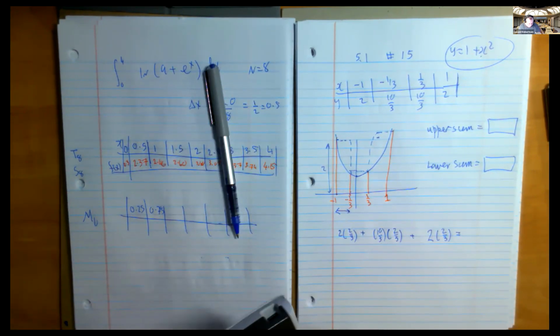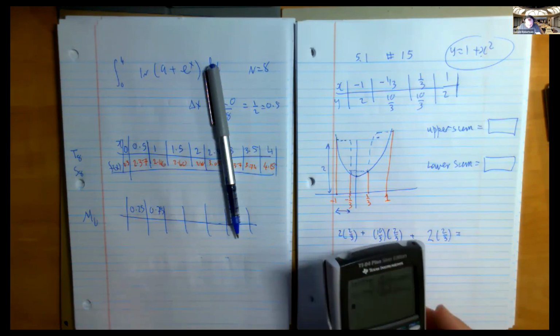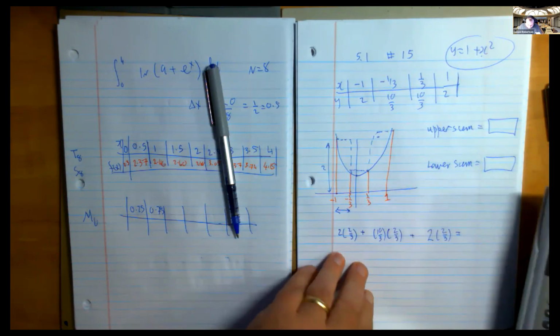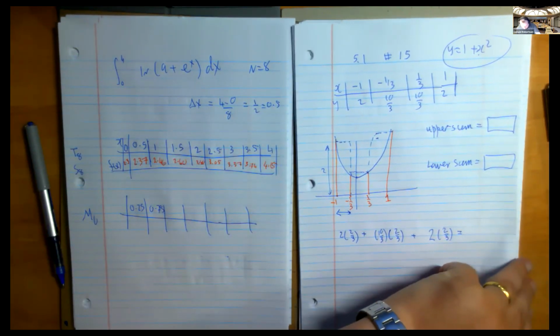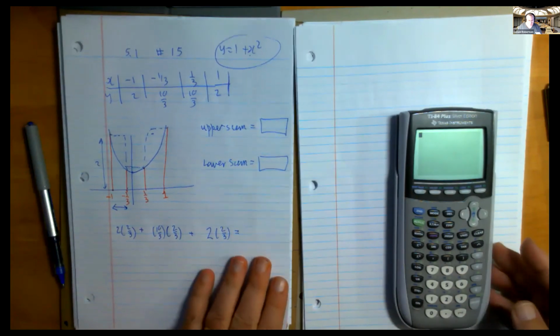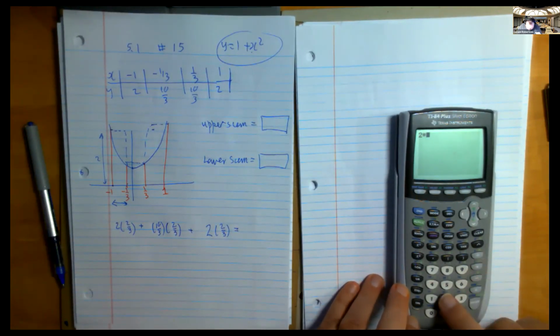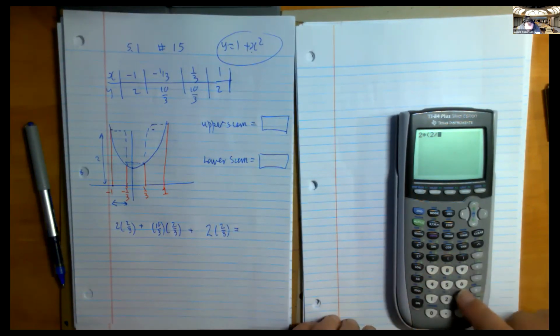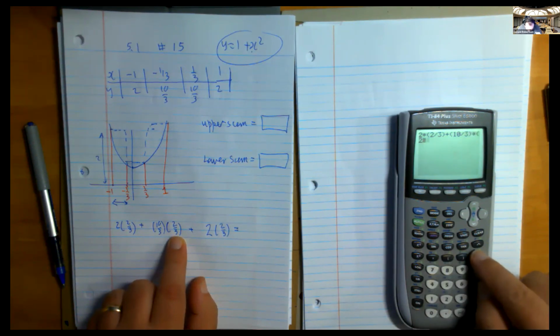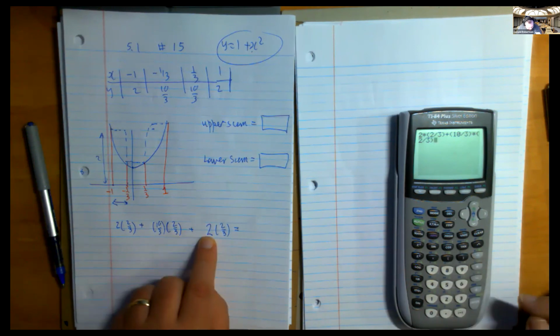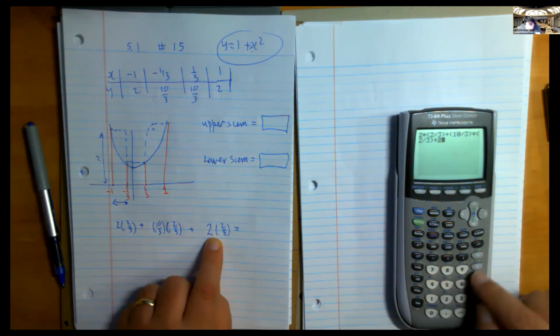an upper sum. So let's clear that out. And I'll put it over here. I'll have to move this then. So 2 times bracket 2/3 plus 10/3 times 2/3 plus 2 times 2/3.